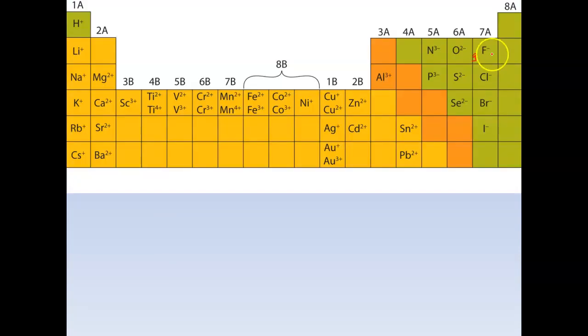For the anion, when it's negatively charged, the number of protons stays the same at 9, but the number of electrons will be different.